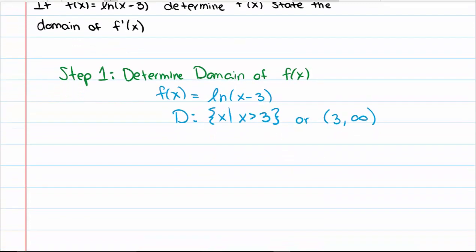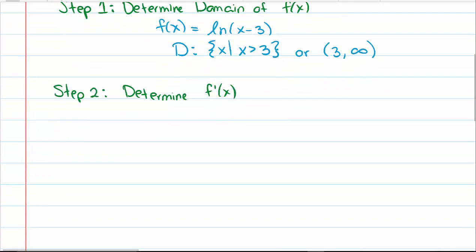Okay, so step 2 is to determine f prime of x. So f of x is equal to ln of x minus 3.